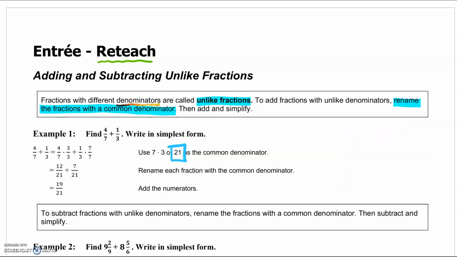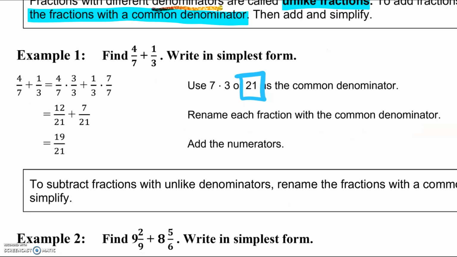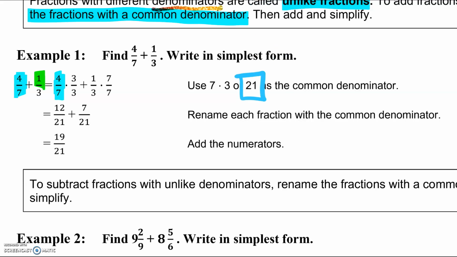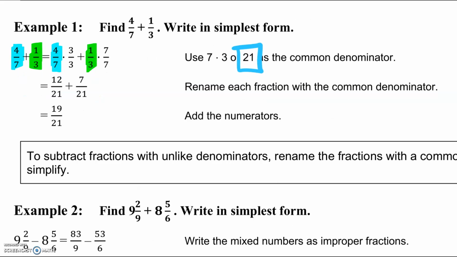So back to our problem here. They took each of the fractions. So our first fraction was 4/7. Right? It's right here. So they rewrote it over here. And then our second fraction is 1/3. And they rewrote it right here. Now, we need to figure out how can we make both of those into fractions that have the same denominator.